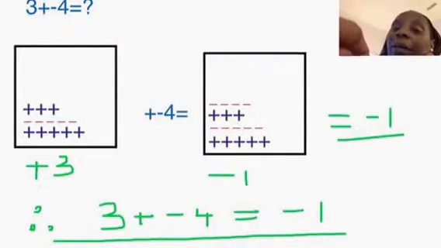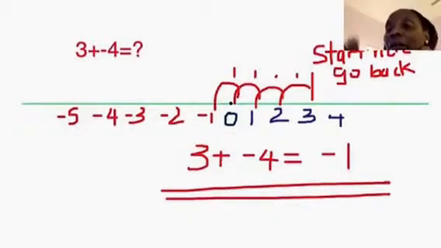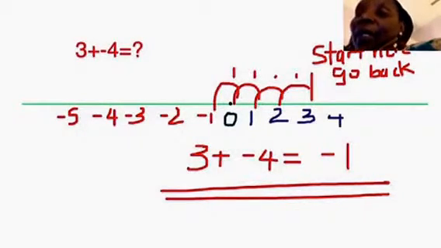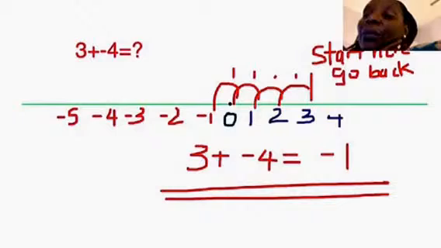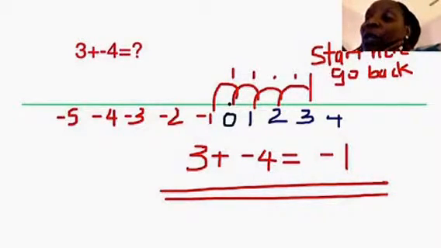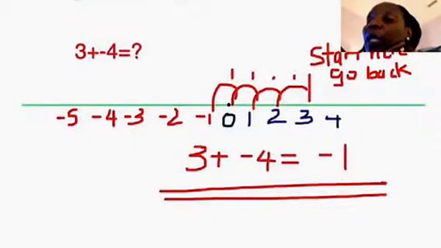Another way, let us use the number line. We can now model using the number line. And the same problem, 3 plus minus 4. So we have the number line and we have 0, where we can either go left and those are negative integers, or go right, those are positive integers.